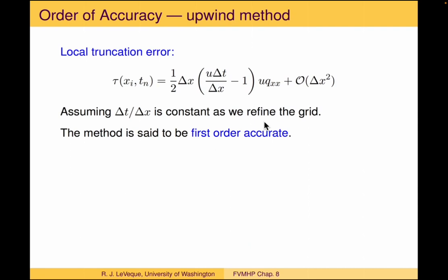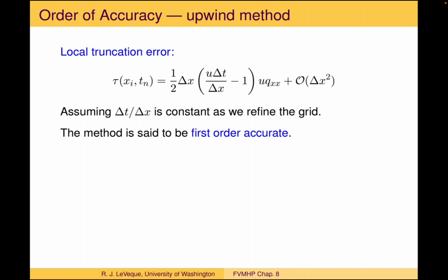And often for hyperbolic problems, we'll assume that if we're trying to get a better solution and refine the grid and hope that we get convergence to a true solution, we'll often assume that we hold delta t over delta x constant, so that we're refining in space and time at the same rates. And for hyperbolic equations, that typically makes sense in terms of the time scales and space scales.